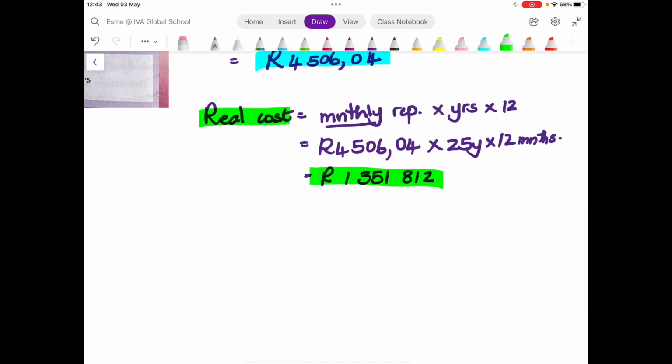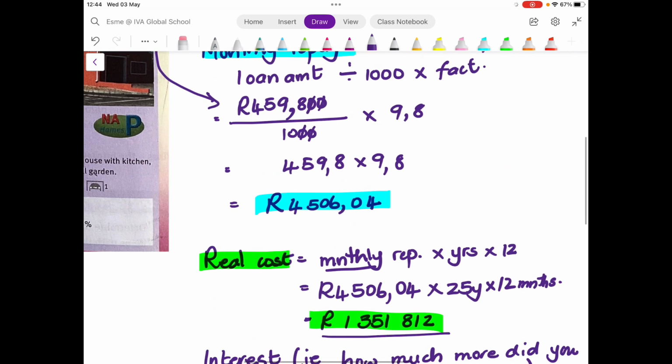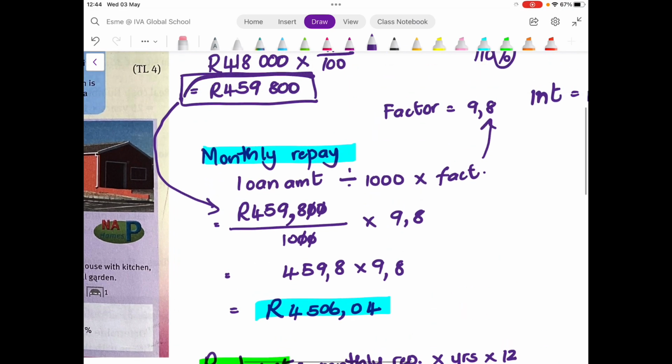Now, what they wanted was the interest, i.e., how much more did you pay? So what you've got to do, you've got to take the final amount and you've got to minus the original loan, which was, remember, it wasn't the 418, it was the 459,800.